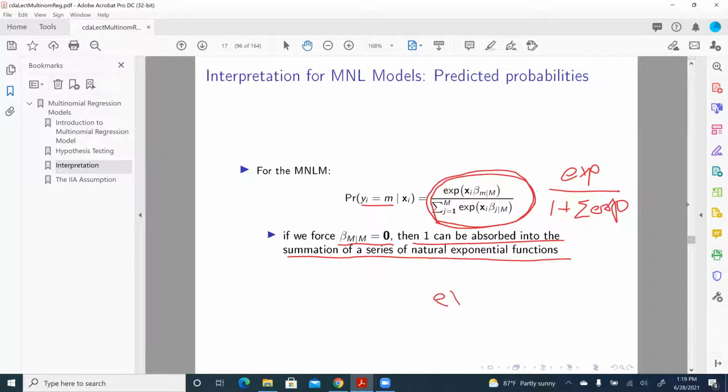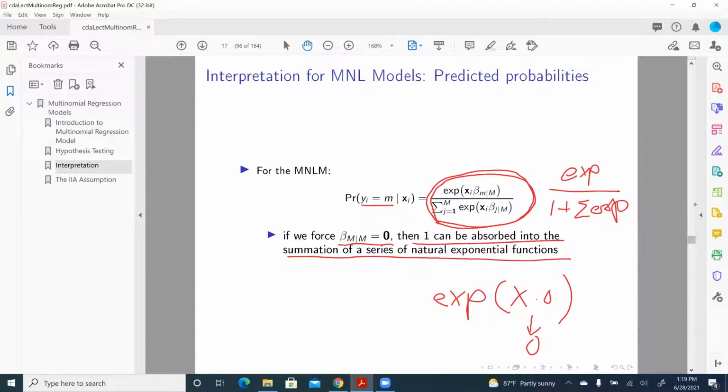Why? Because the exponential of x multiplied by 0, within the parentheses, is going to become 0, and if we take the natural exponential function of 0, it becomes 1. See that? The transformation from 1 to the natural exponential of 0 and vice versa.